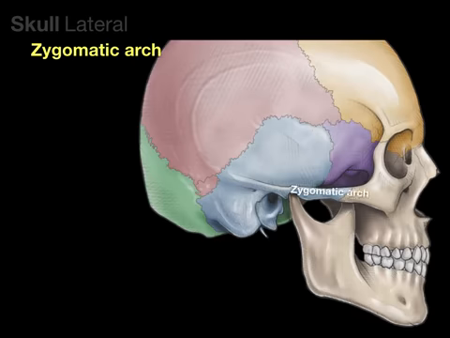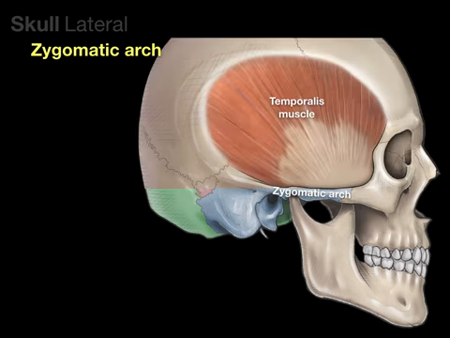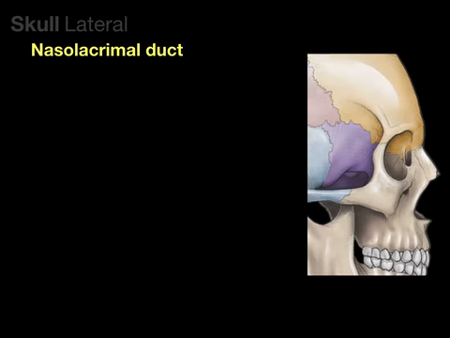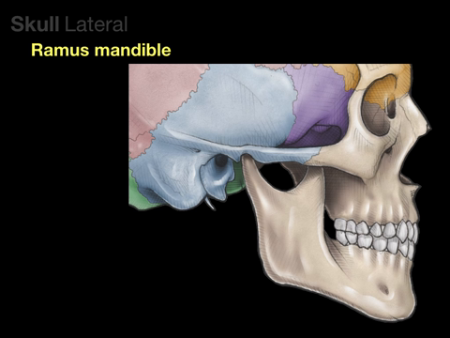That zygomatic arch all along here forms an attachment for the masseter muscle, which courses down to the mandible, and deep to the zygomatic arch, the temporalis muscle goes deep and attaches to the coronoid process of the mandible. The nasolacrimal duct from a lateral view is located right there to drain tears into the nasal cavity. And then the ramus of the mandible, that word ramus means a branch.